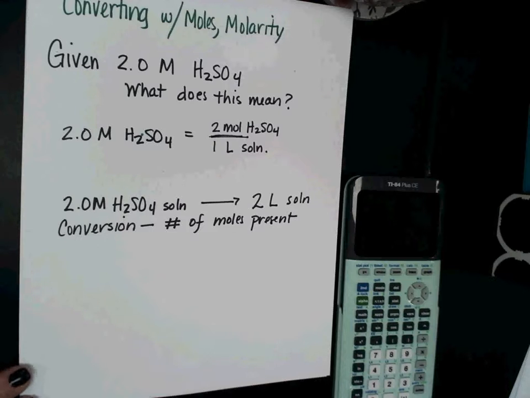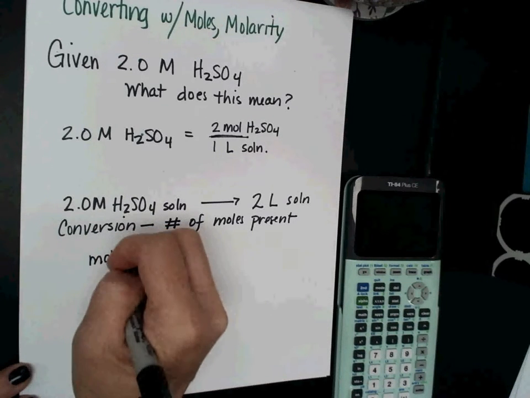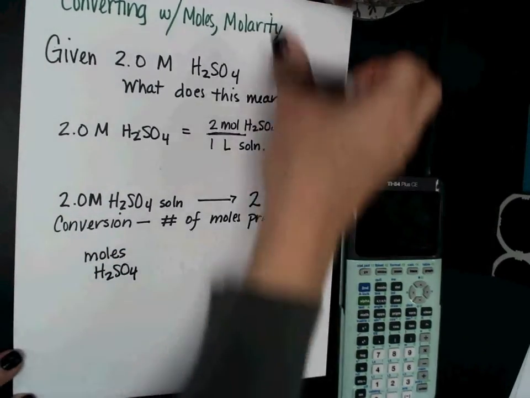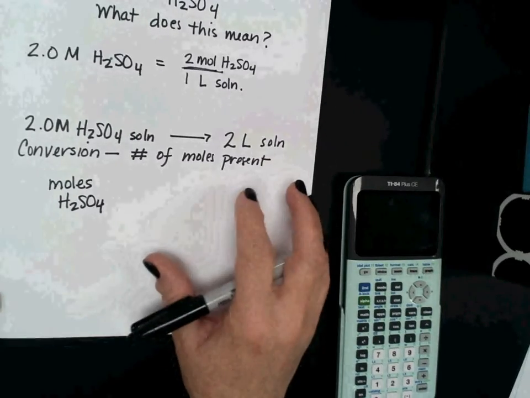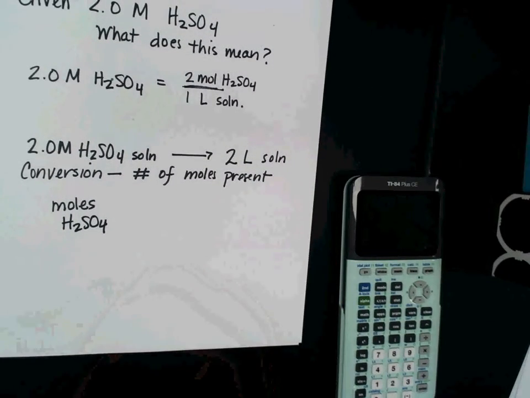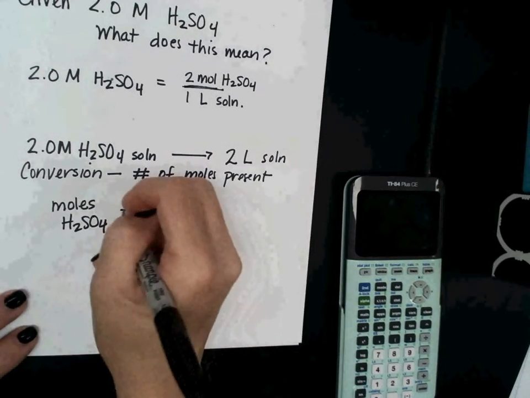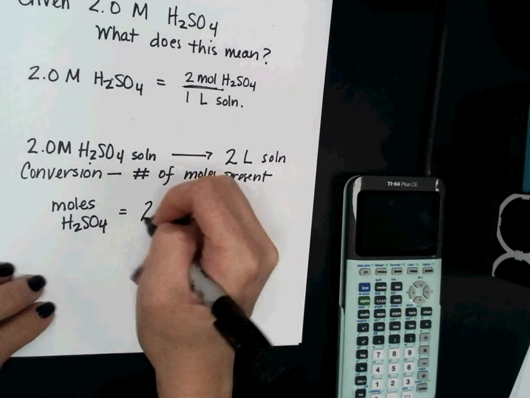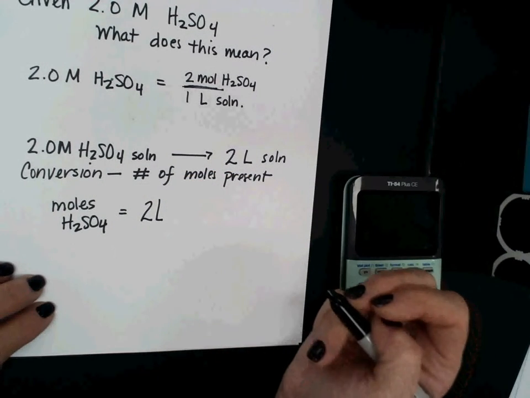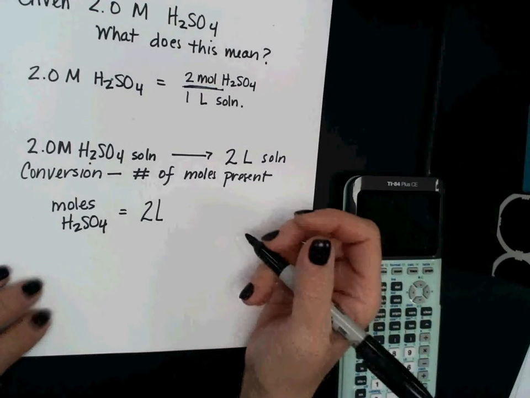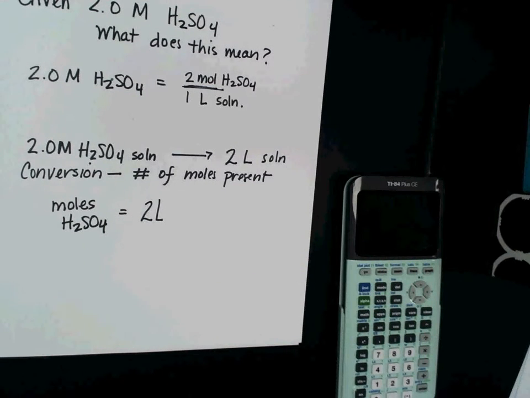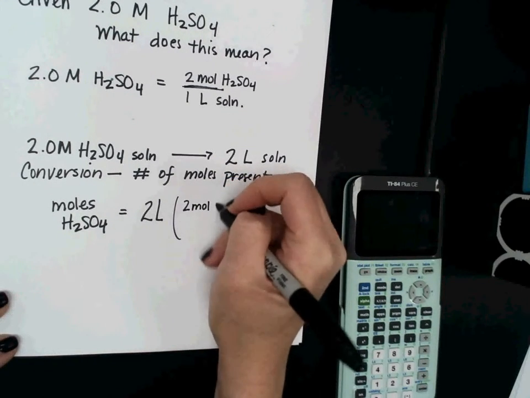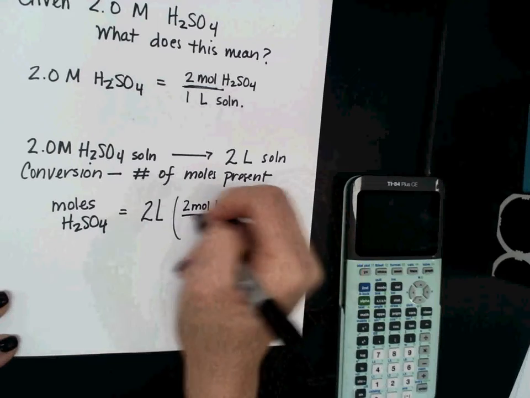So I would start like this. I would say moles H2SO4, and then I would set that equal to the volume of the solution that I want, which is 2 liters. That makes sense? And then I would have to use what I already know about my solution, so that I know I have 2 mole of H2SO4 in 1 liter.